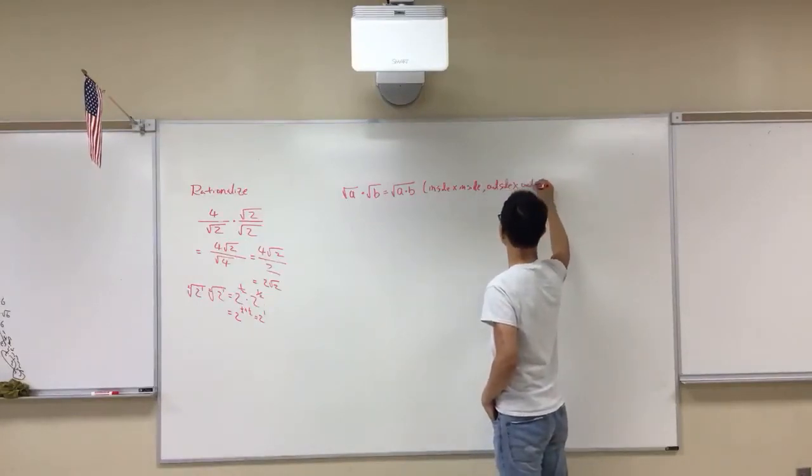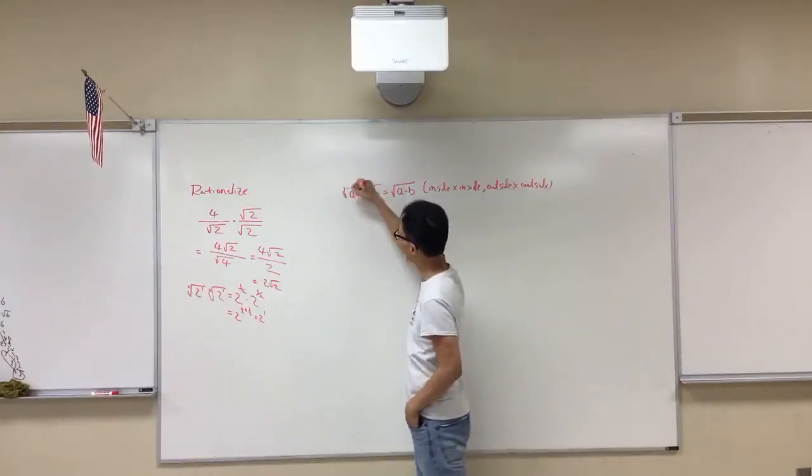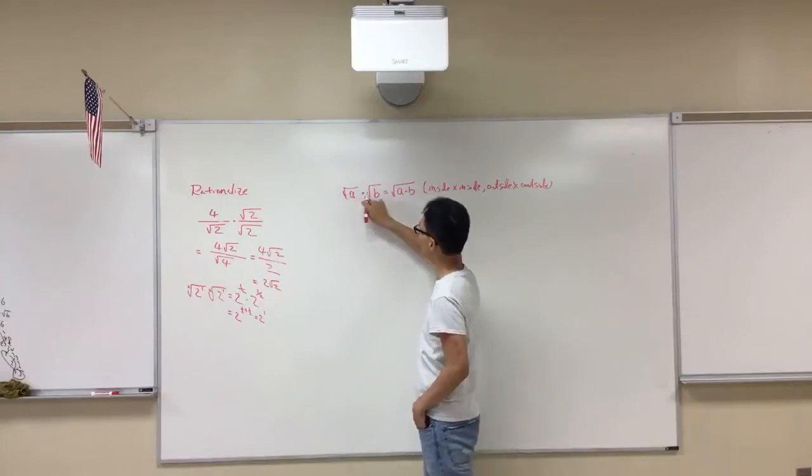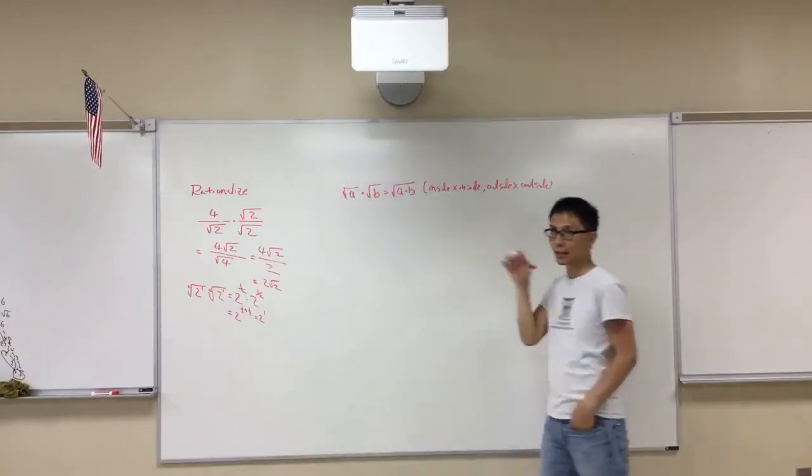So if I have a 3 here and a 2 here, then it's 3 times 2 outside, and the inside is AB. So inside by inside, outside by outside.